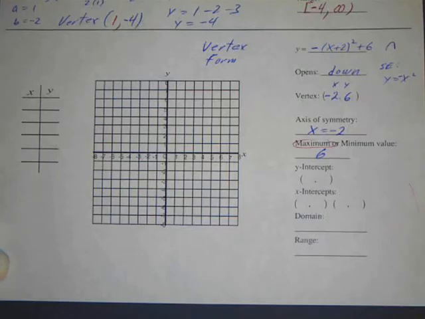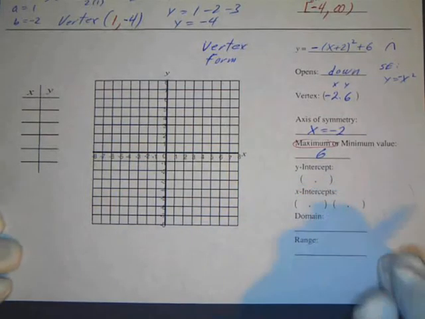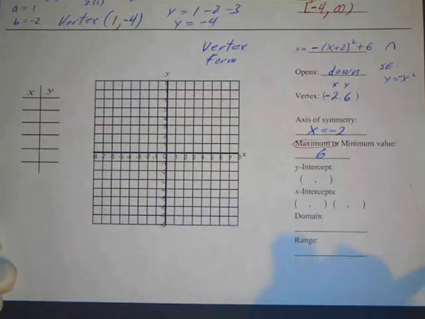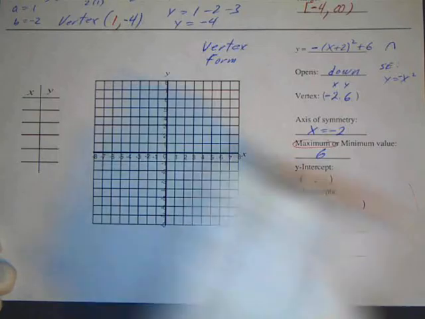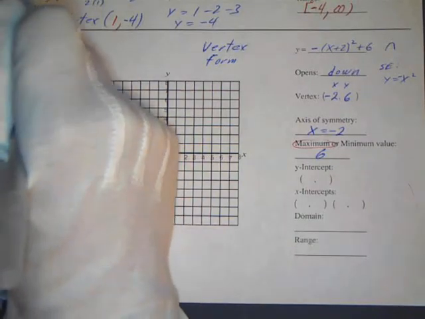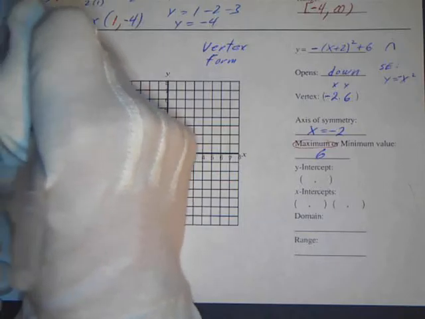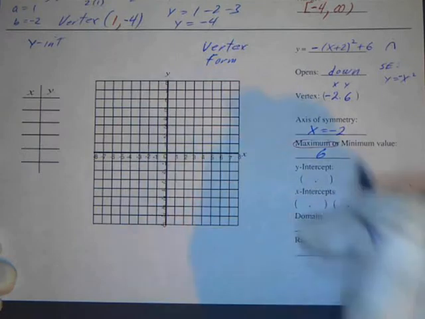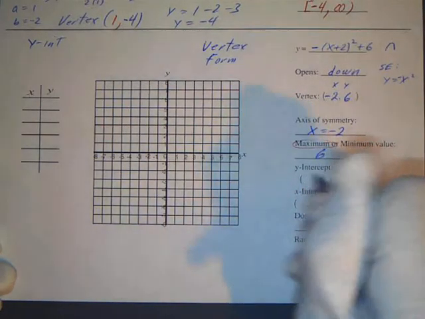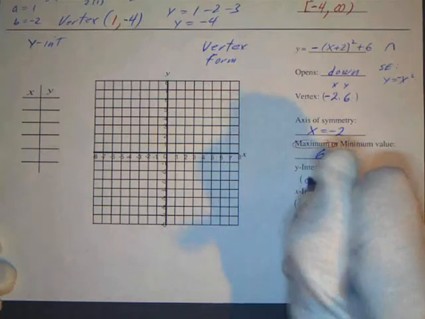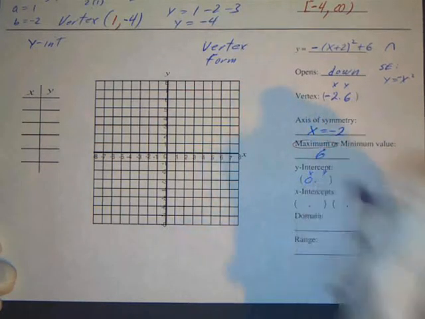Now we have to find the y-intercepts. Now this is a little bit different. All right, so my y-intercepts are going to be over here. I'll do this over here. Remember the y-intercept, that means the x is 0. And we have a value for y.